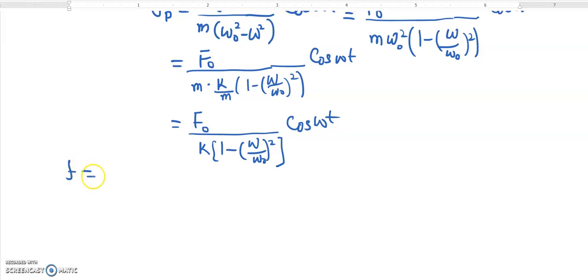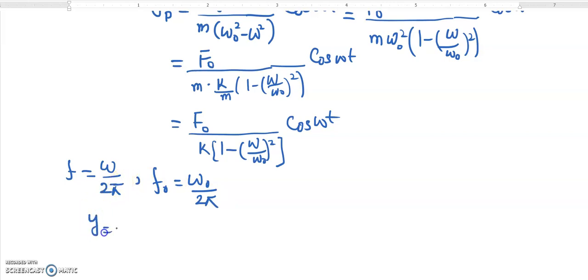The frequency is omega over 2 pi, so this will be the frequency of the external force, and the natural frequency will be equal to omega naught over 2 pi.